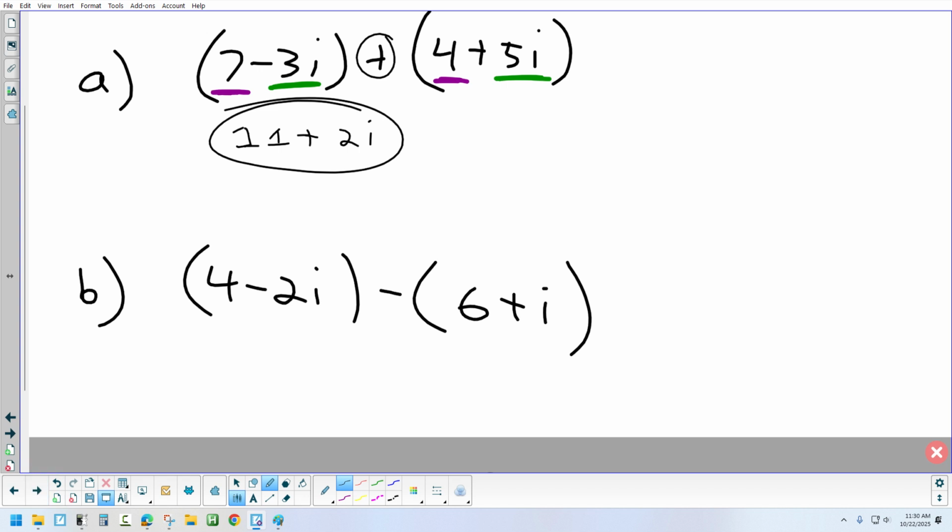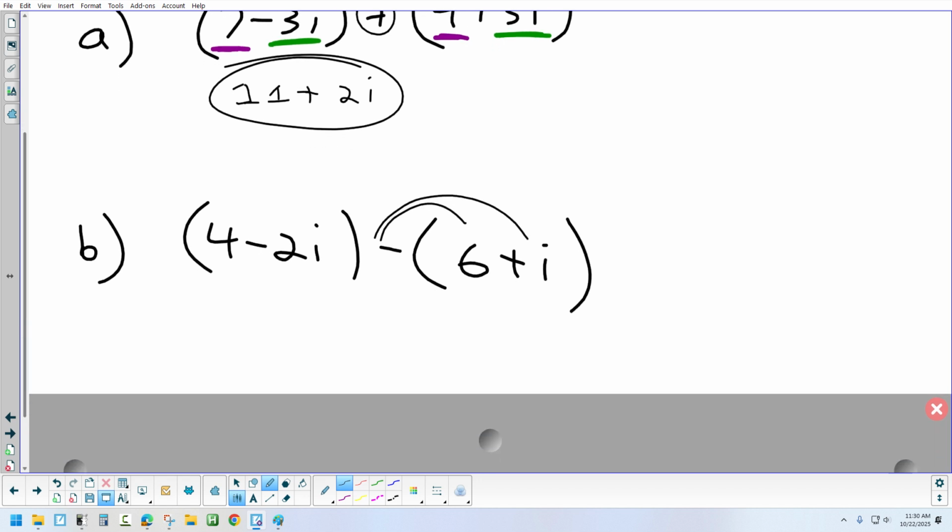All right, now this one, same idea, except think of the negative as being distributed. So it's 4 minus 2i minus 6 minus i. What would you get for a real part when you do this one? Negative 2. That's the real part.